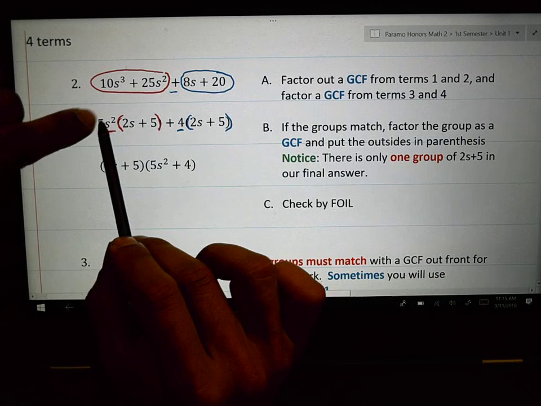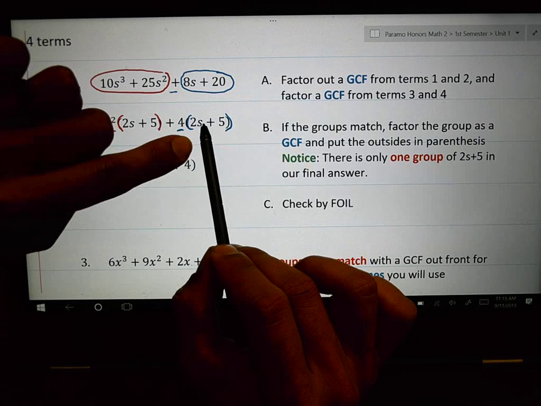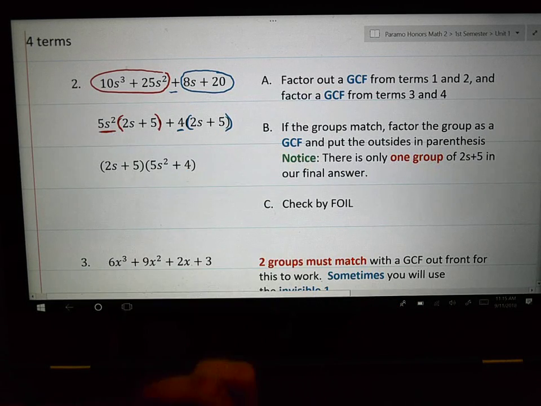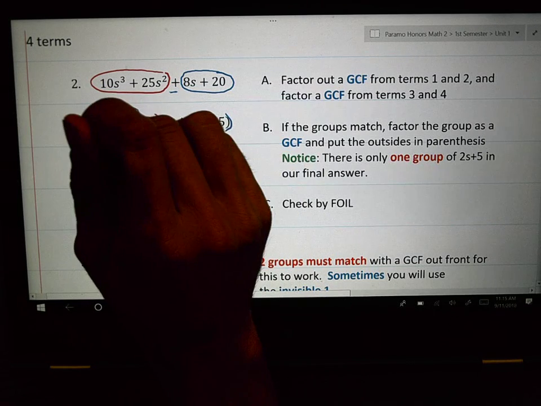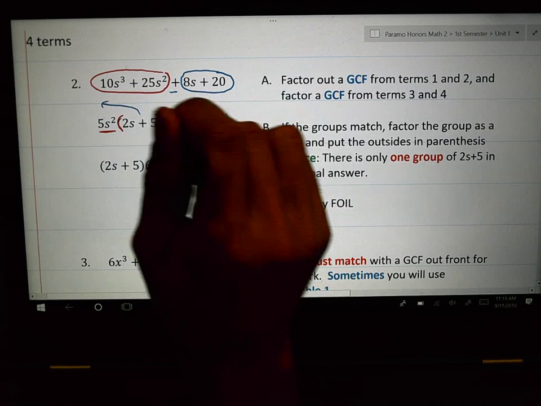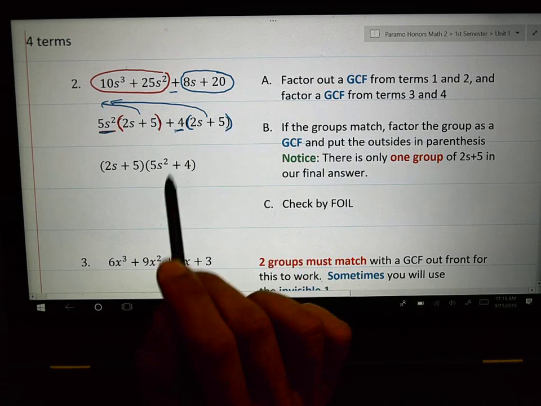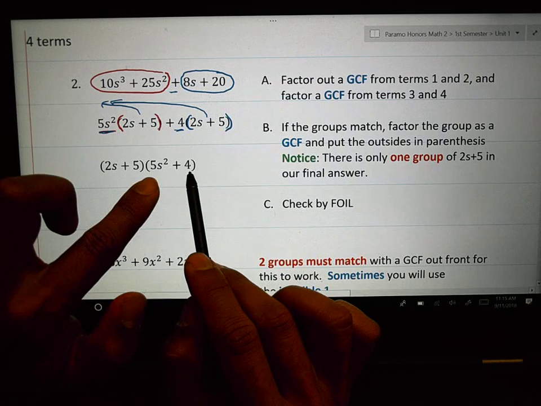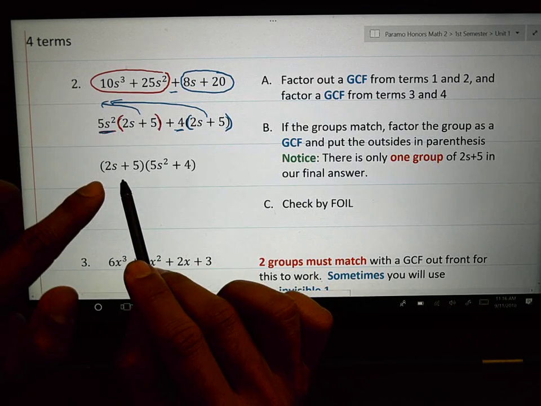Meaning, since this is multiplying a 2s plus 5 and this is multiplying a 2s plus 5, you can pull out a 2s plus 5 from both of these 2 terms. Think of it like me taking this thing that's in parentheses and this thing that's in parentheses out. And what you're left with are the 2 GCFs by themselves. Those things would be here, and the 2s plus 5 goes there.